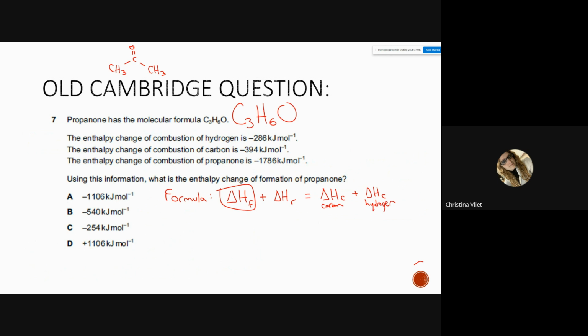Enthalpy change of combustion of hydrogen. Do I know which of those that is? H2. This one, right? And it was H2, right? So why do we care about that? It would be 3H2. So we know that this is actually going to be 3 times negative 286.